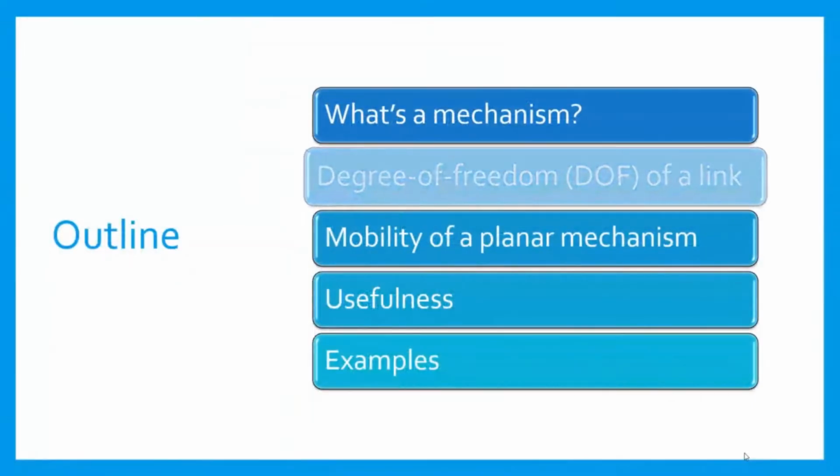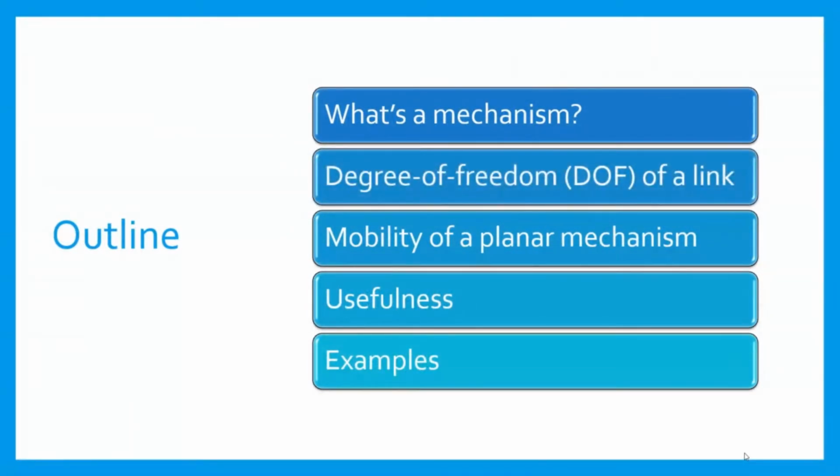Now let's go to the second part, which is to present the degree of freedom of a link. Degree of freedom, sometimes shortly said DOF. I will try to always use degree of freedom, the whole word.